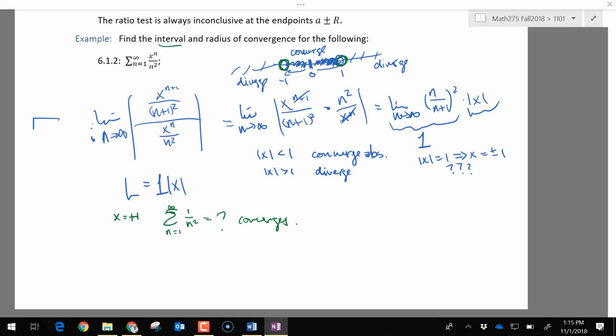You can either use the integral test, integrate 1 over x squared from 1 to infinity and see what happens. Or you can remember that this is a p series. Remember that? Done.